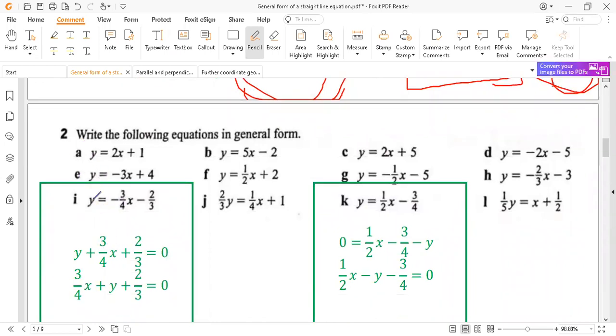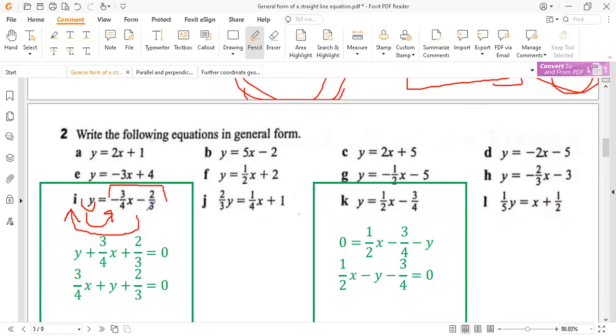Normally, y = -3/4 x - 2/3. We can move y to the right hand side of the equal, or we can move this one to the left hand side of the equal. It is not a big deal. It is the same strategy.